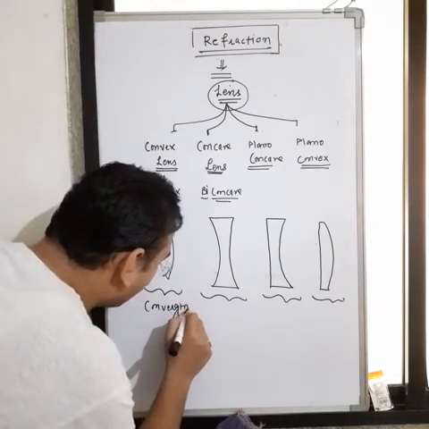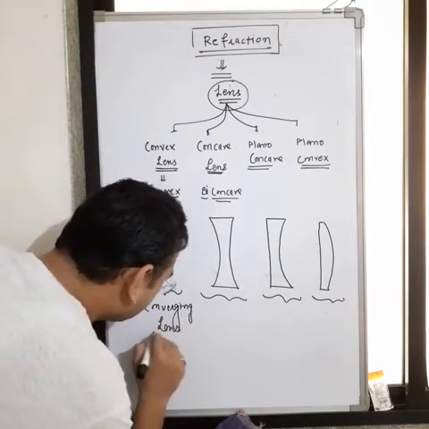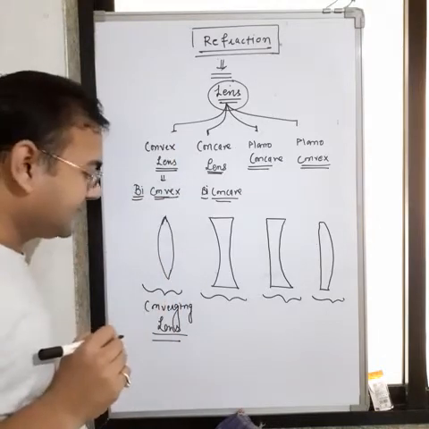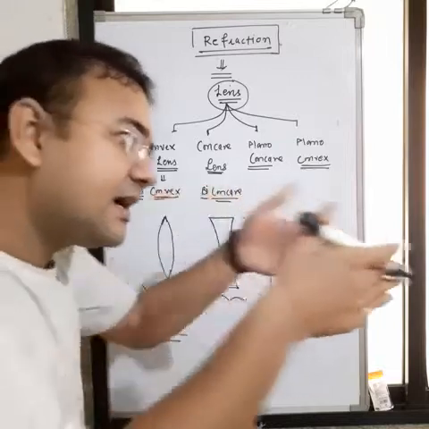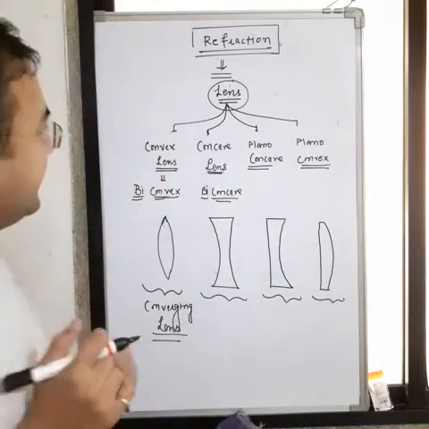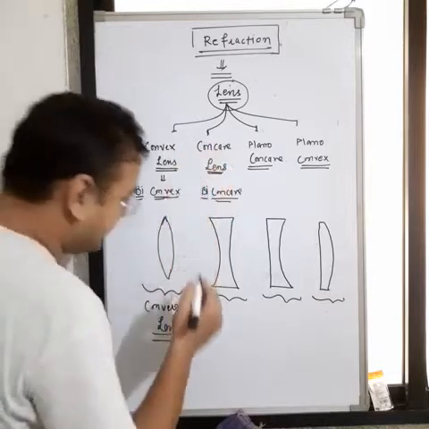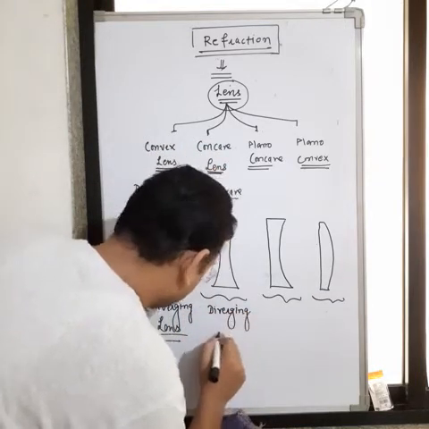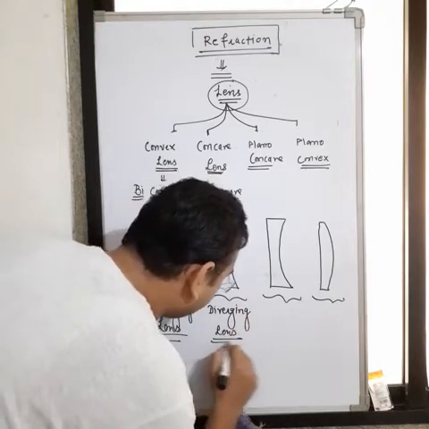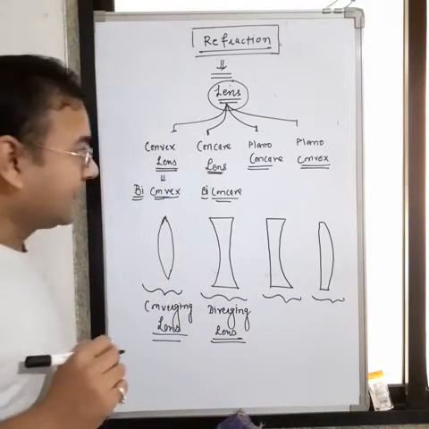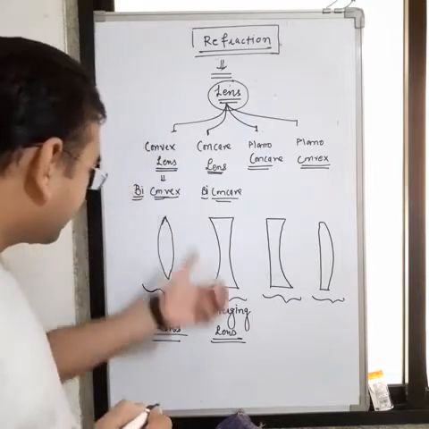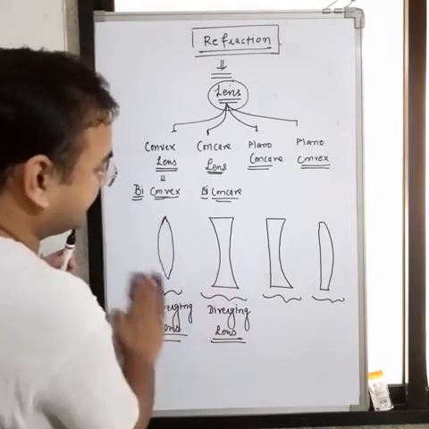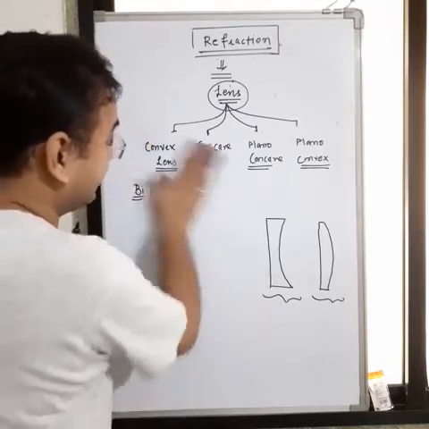So we can judge that in case of the convex lens, rays are concentrated on a particular point, while the concave lens is known as the diverging lens. So let's start with the converging lens and the diverging lens. It's very interesting.